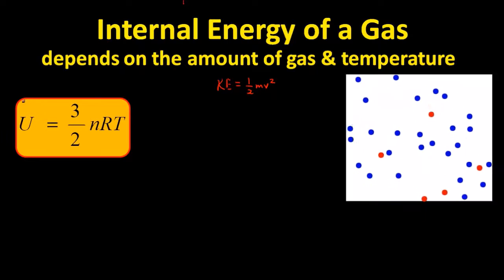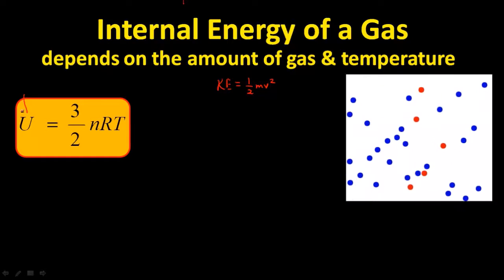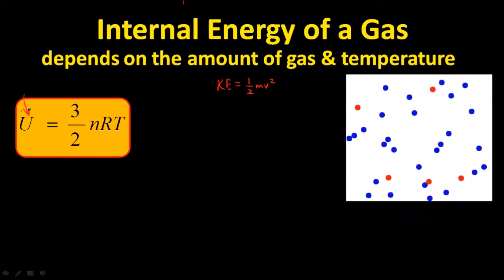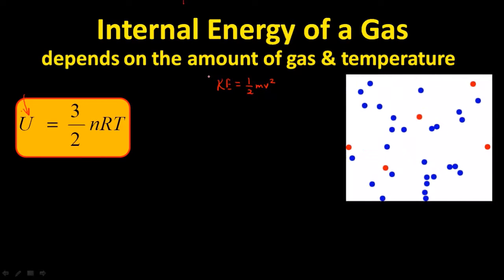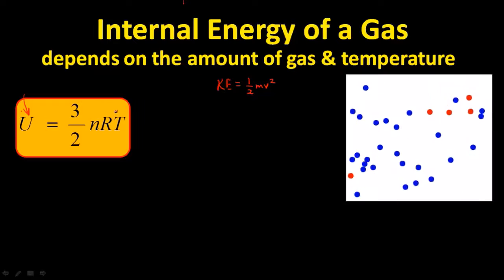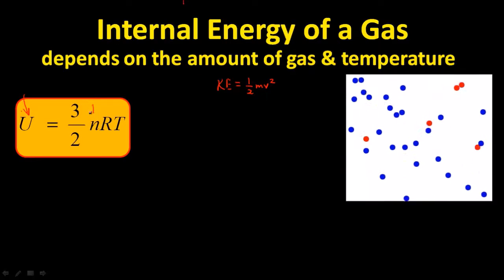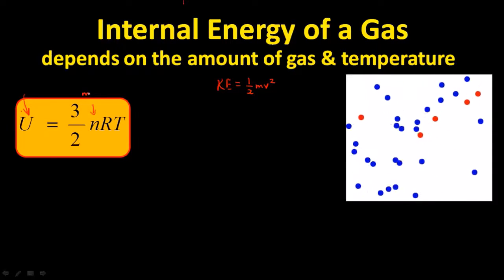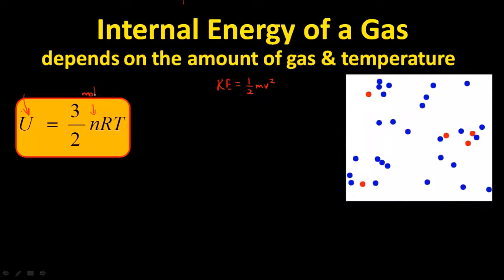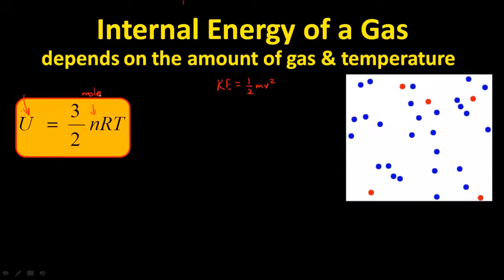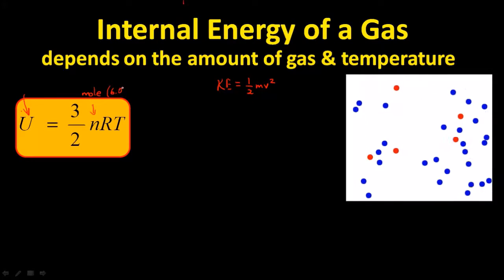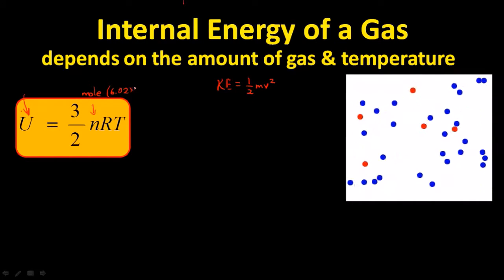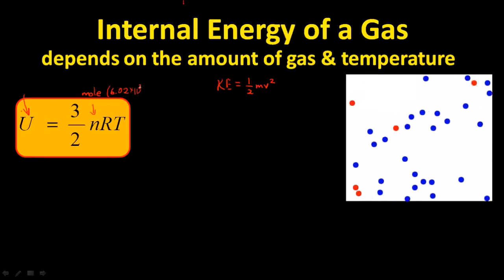U stands for the total internal energy of the gas. That's the sum of all of the particles' energies put together. And it turns out it's equal to 3/2 times n, which is the number of moles of the gas. And if you don't remember what a mole is, it's Avogadro's number, 6.023 times 10 to the 23rd power, which is a lot, by the way, of particles.